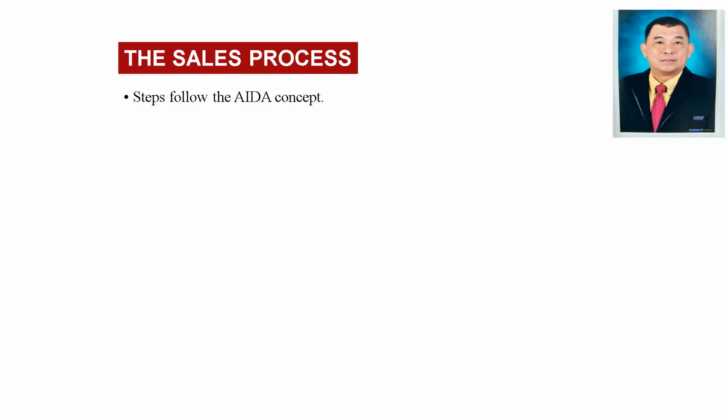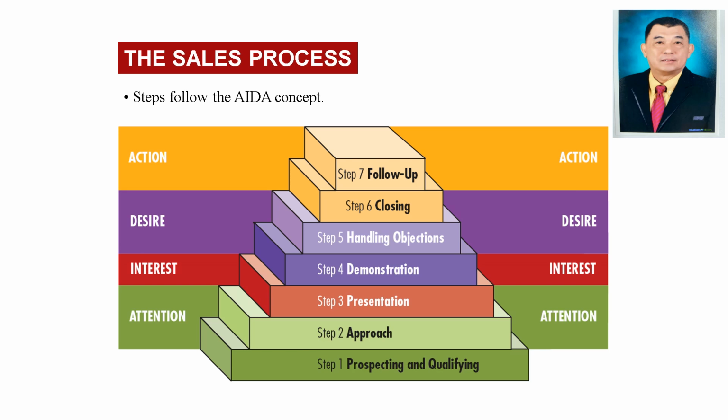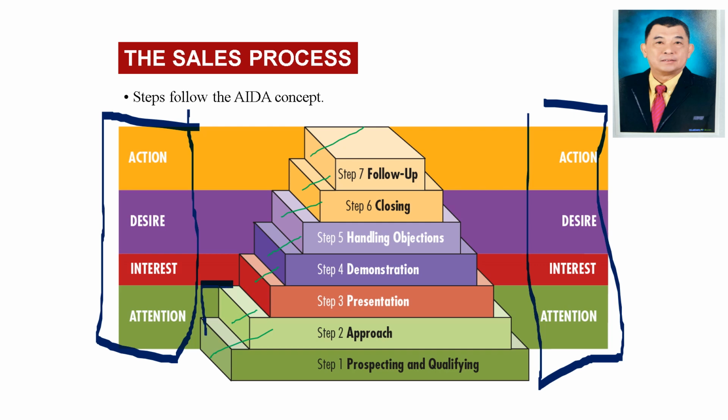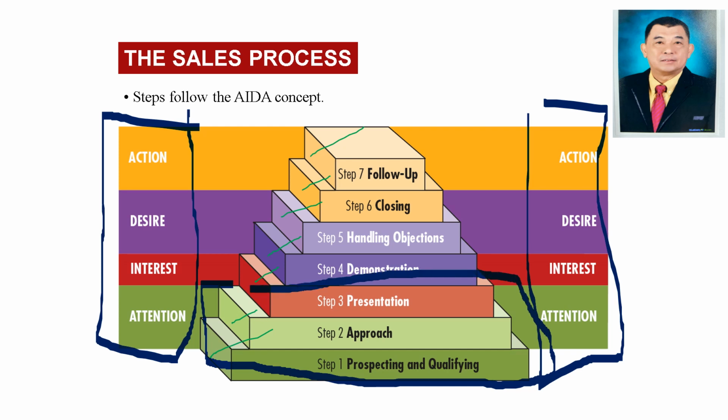So here you can see that this is the selling process. The selling process has basically 7 steps: step 7, 6, 5, 4, 3, 2, and 1. Generally, the AIDA is here and here. What are the activities involved in creating attention? In creating attention, you have step 1, step 2, and part of step 3.